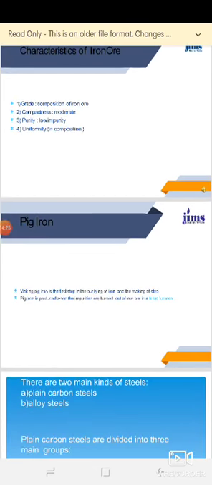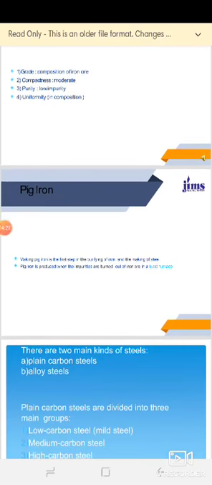Next is pig iron. Making pig iron is the first step in the purifying of iron. When we take out iron from any form, the first step to make the iron pure is to produce pig iron, and then from pig iron we make steel.